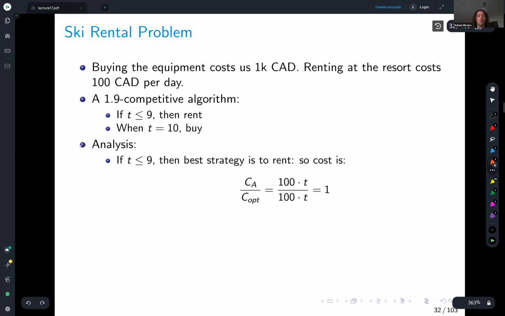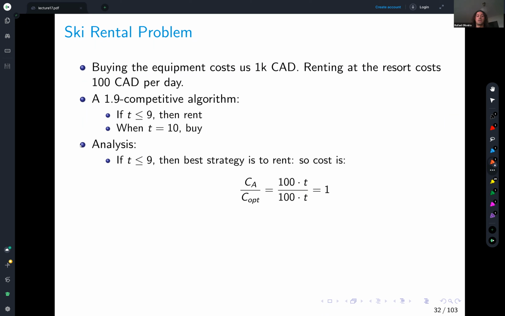Okay, now let's analyze and prove that this algorithm is 1.9 competitive. Well, what are all the inputs? The input is the number of times that we go skiing. So if T is less than or equal to 9, then the best strategy is to rent. So what is the cost?